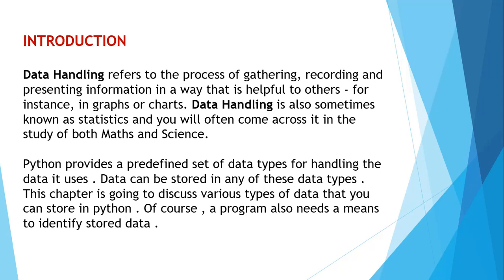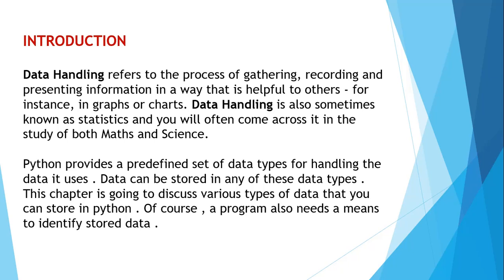This chapter is going to discuss various types of data that you can store in Python. Whatever types of data there are, like a string type or a character type, any particular data which you use for your programming purpose has to be discussed here, that is, how we are going to store that type of data.